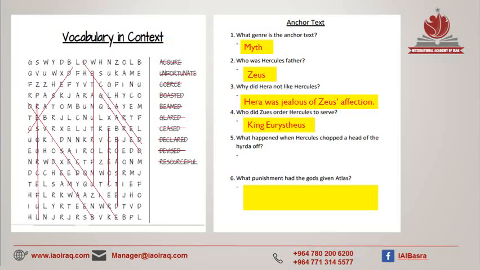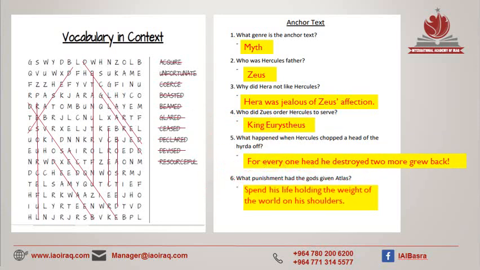King Eurystheus. What happened when Hercules chopped a head of the Hydra off? For every one head he destroyed, two more grew back. And finally, what punishment had the gods given Atlas? Spend his life holding the weight of the world on his shoulders.